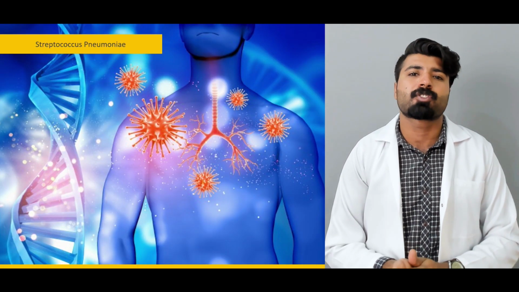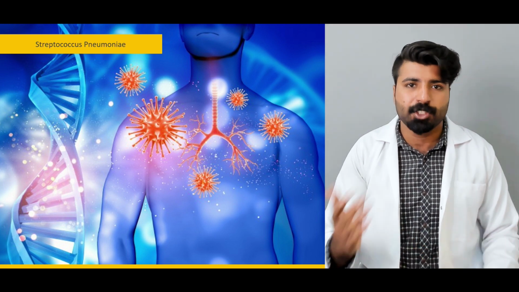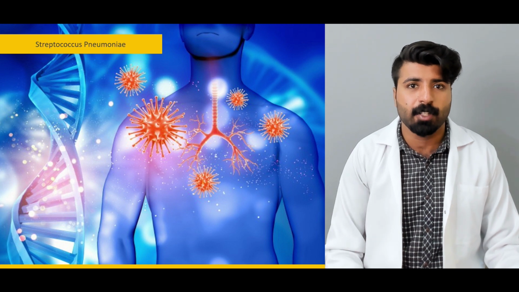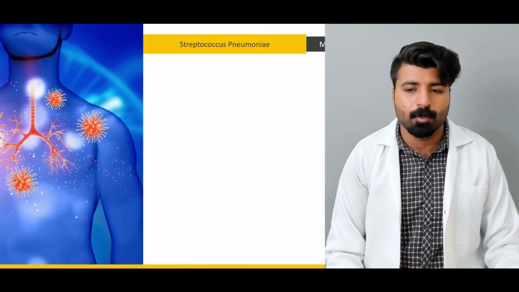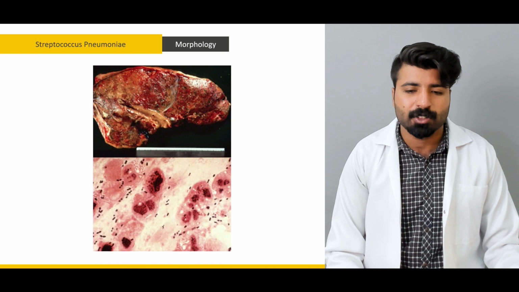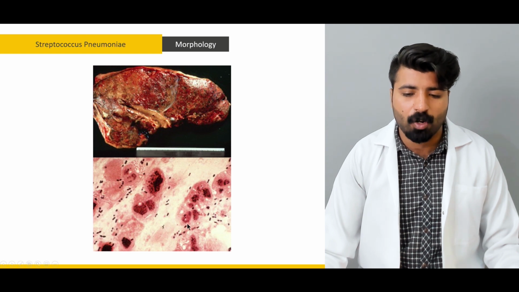Now we're going to talk about streptococcus pneumonia. We just told you that the major reasons for pneumonia are 3 bacteria, and this is one of them. What does streptococcus pneumonia do? On a morphological slide, you can see streptococcus pneumonia like this. See this bunch of cocci formed, always 2 in number, present in a tuft.